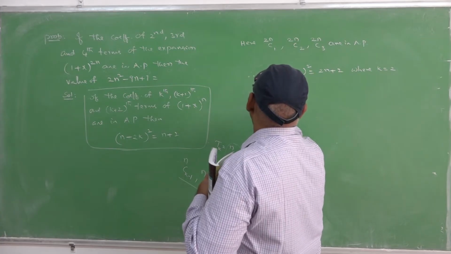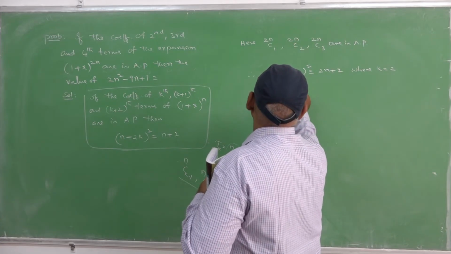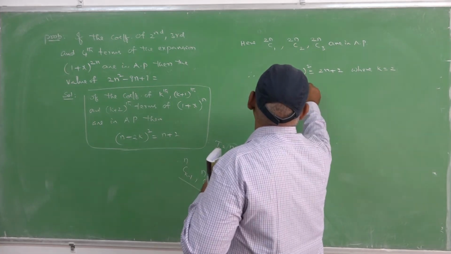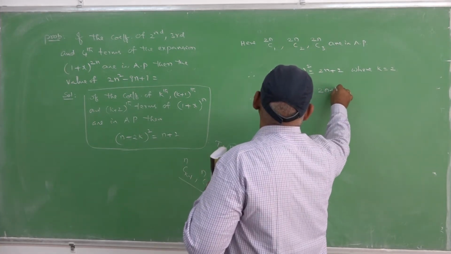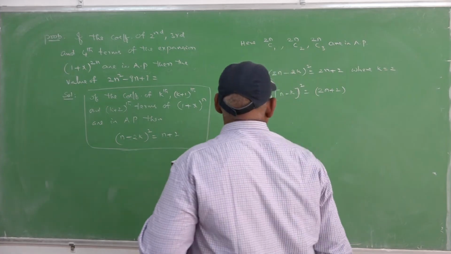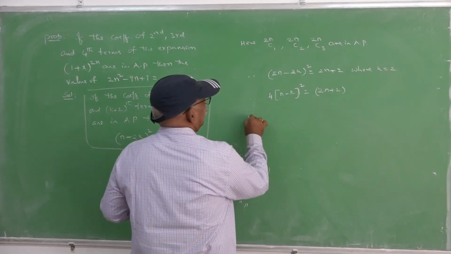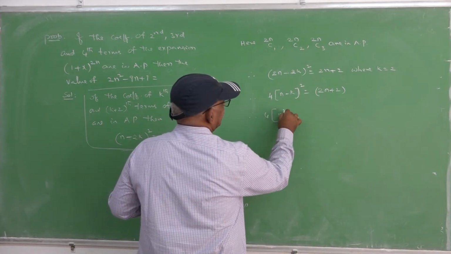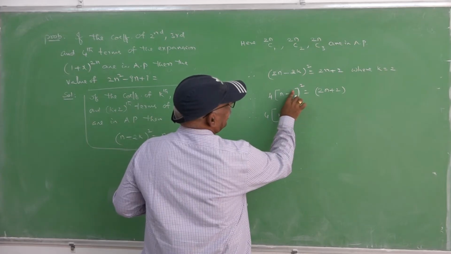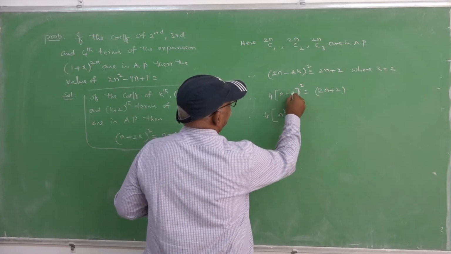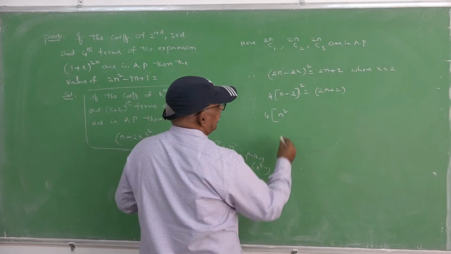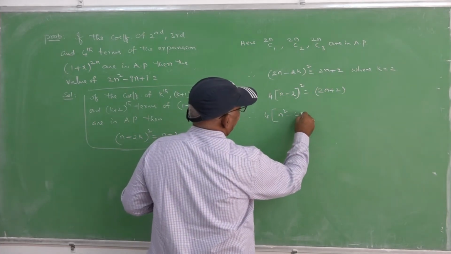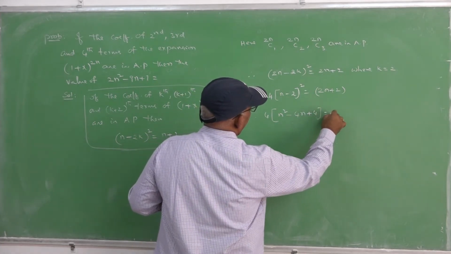That is 4(n − k)² = 2n + 2. Okay. 4 into (n − 2)², k takes the value 2 here. So 4(n² − 4n + 4) = 2n + 2.